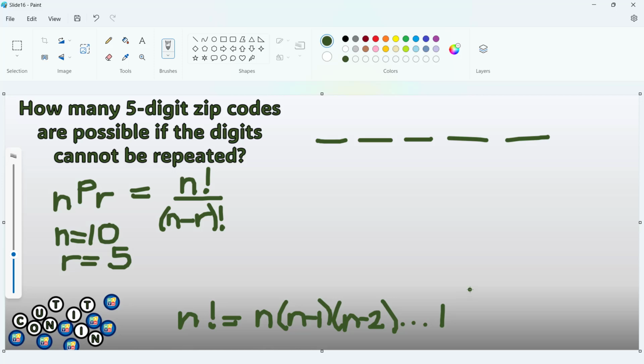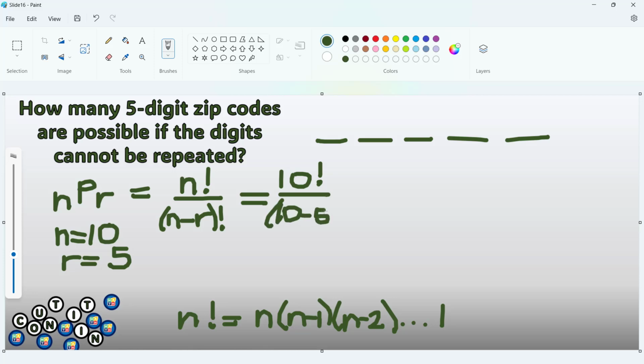So this time, we simply need to substitute our n here, which is 10 factorial, over 10 minus 5 factorial.